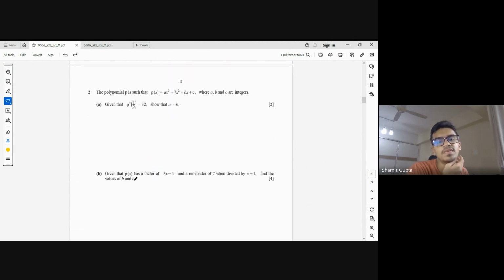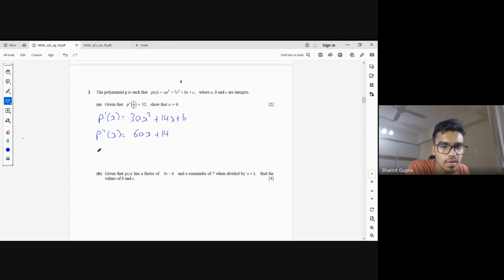The polynomial p is such that p(x) is equal to this, where a, b, and c are integers. Given that p double prime of half is 36, show that a is equal to 6. Okay, this is basic differentiation. Let's change the color back to blue. Let's first find p prime x. P prime x will be 3ax squared plus 14x plus b. P double prime x will be 6ax plus 14.